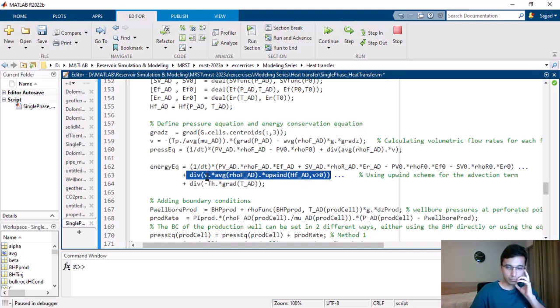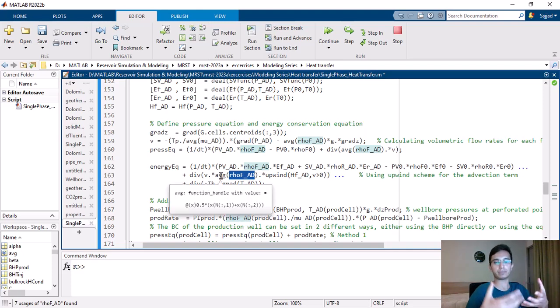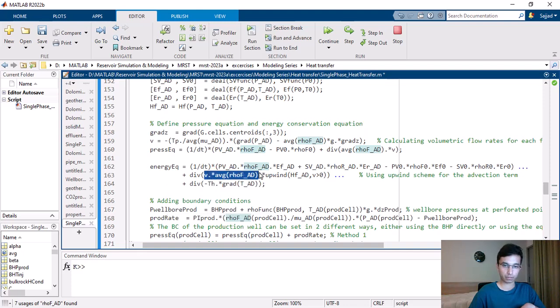What is done here is that we multiply the volumetric flow rate of water by the density of water, which gives us the mass rate of water, and then we multiply the mass rate of water by the specific water enthalpy, which gives us the inflow and outflow of energy, or energy rate.